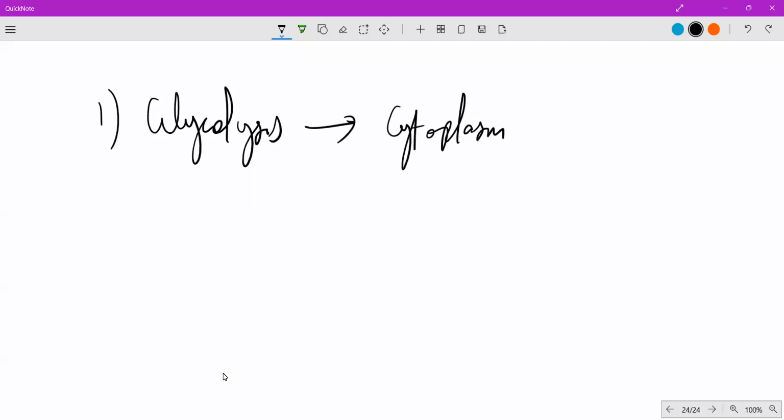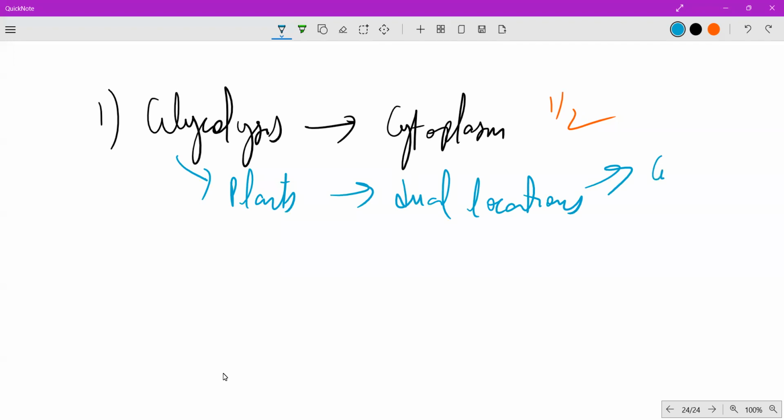But this is half the answer. When I say glycolysis is found in cytoplasm, this is half the answer. So what is the full answer? I told you, differences between animals and plants. When I talk about plants, glycolysis has dual location, 2 locations.